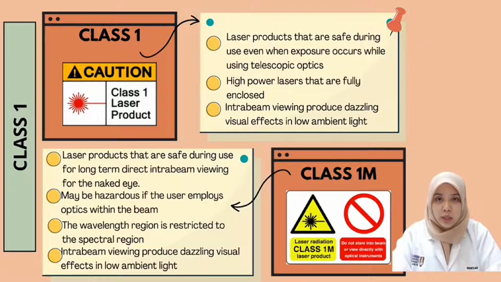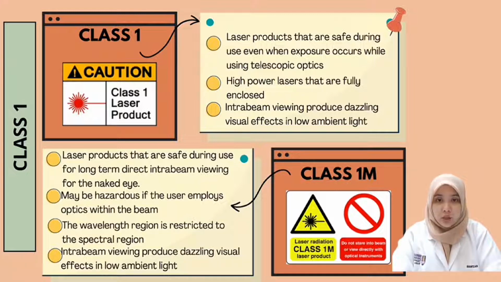Moreover, for the Class 1M, any laser product in the wavelength range from 302.5 nanometer to 4000 nanometer is safe, including long-term direct intra-beam viewing for the naked eye. The MPE can be exceeded and eye injury may occur following exposure with telescopic optics.